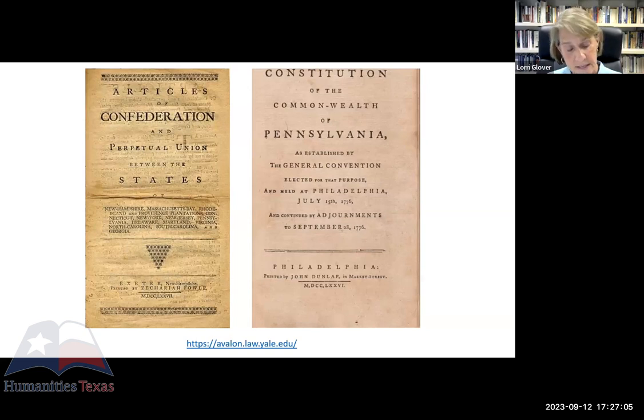It could not successfully negotiate with foreign governments, which raised the very real fear of an invasion of the plural United States. James Madison's plan for a roadmap of the Philadelphia Convention in 1787 tells you exactly what he thinks with the title. He called it Vices of the Political System of the United States.